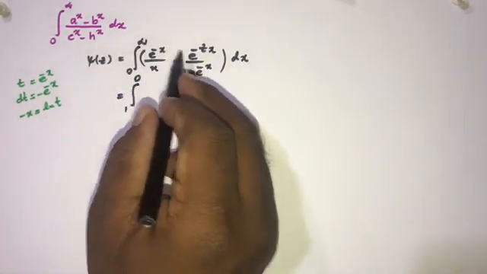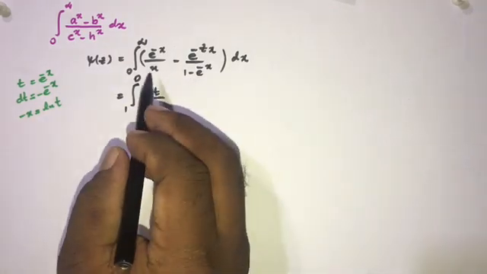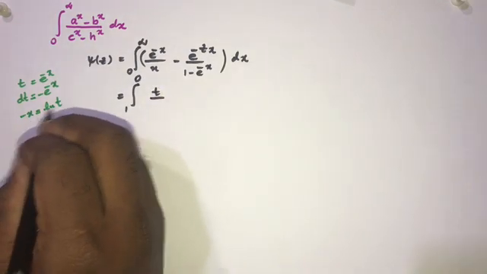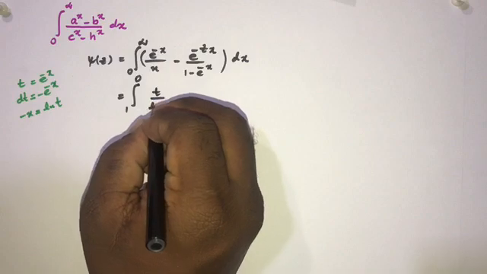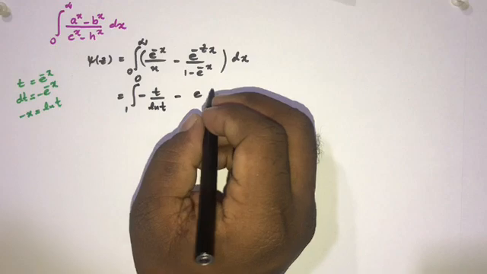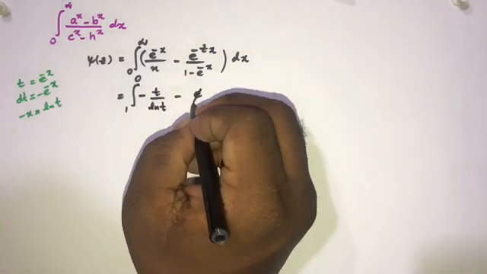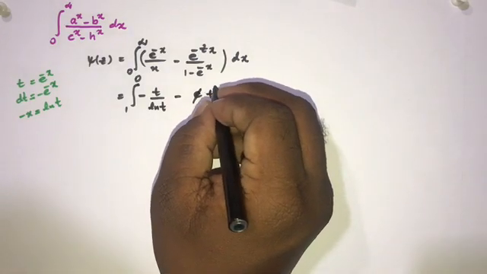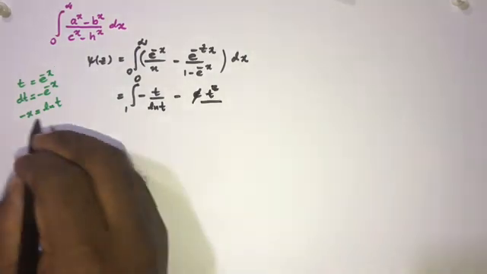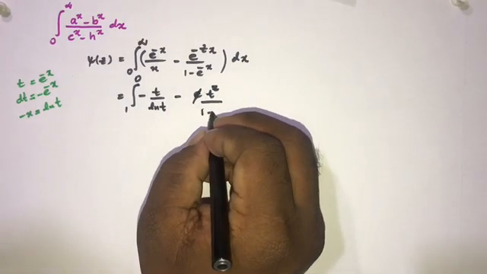And e to the minus x is t. Now x is equal to minus natural log of t, and e to the minus c x is t to the c, over 1 minus e to the minus x, so we can write 1 minus t.